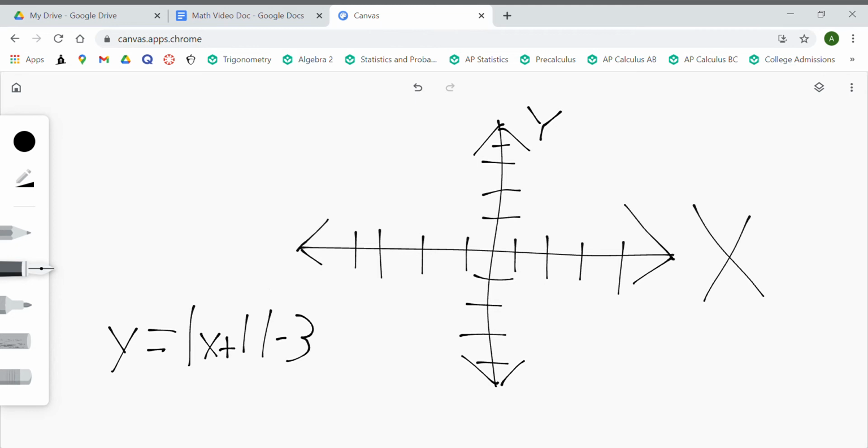We have x plus 1, that means 1 unit to the left, and then down 1, 2, 3. Plot the vertex. Ta-da! Amazing, isn't it? Yep.